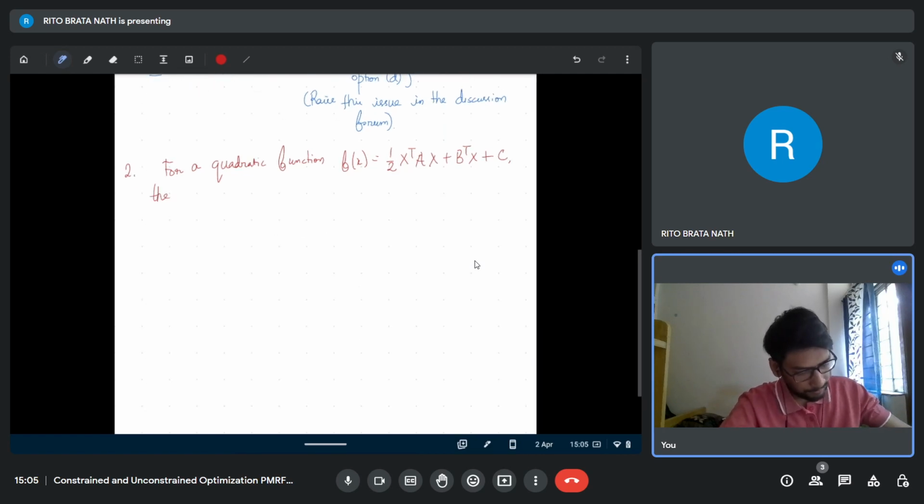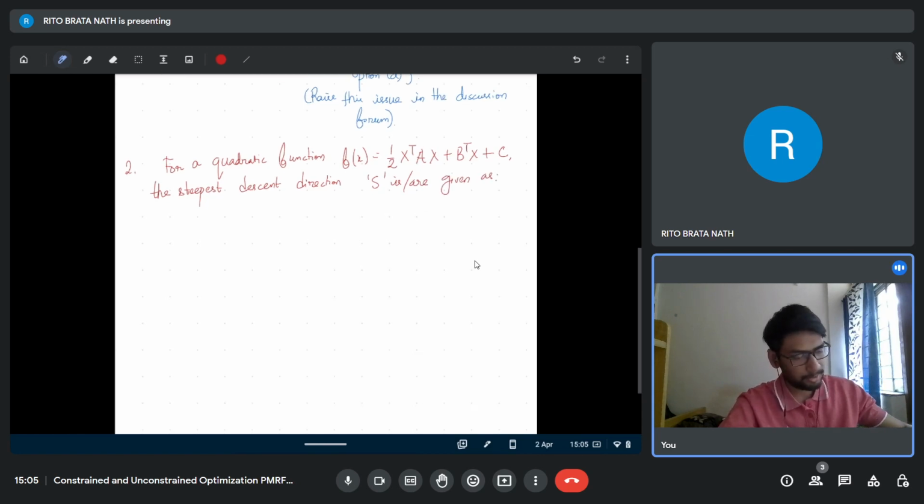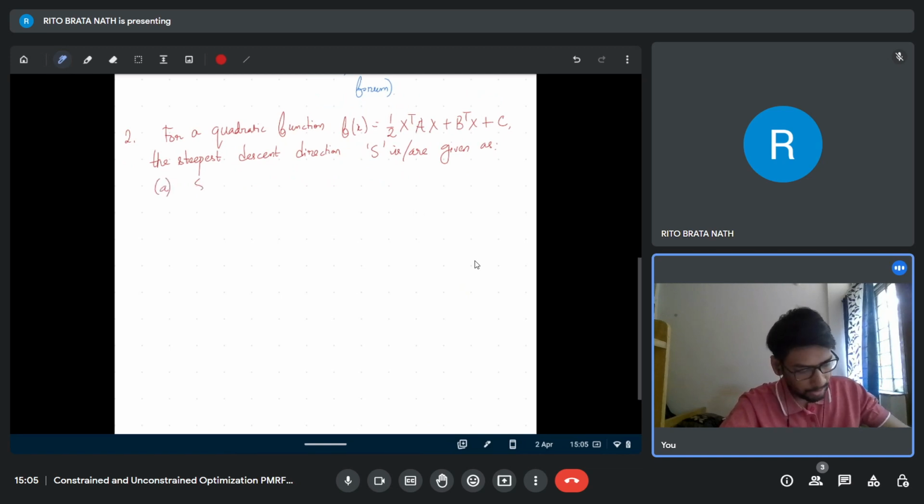The steepest descent direction S is given as: the options are option A, S equals Ax plus b; option B, S equals minus Ax; option C, S equals minus Ax minus b; and D, S equals Ax.